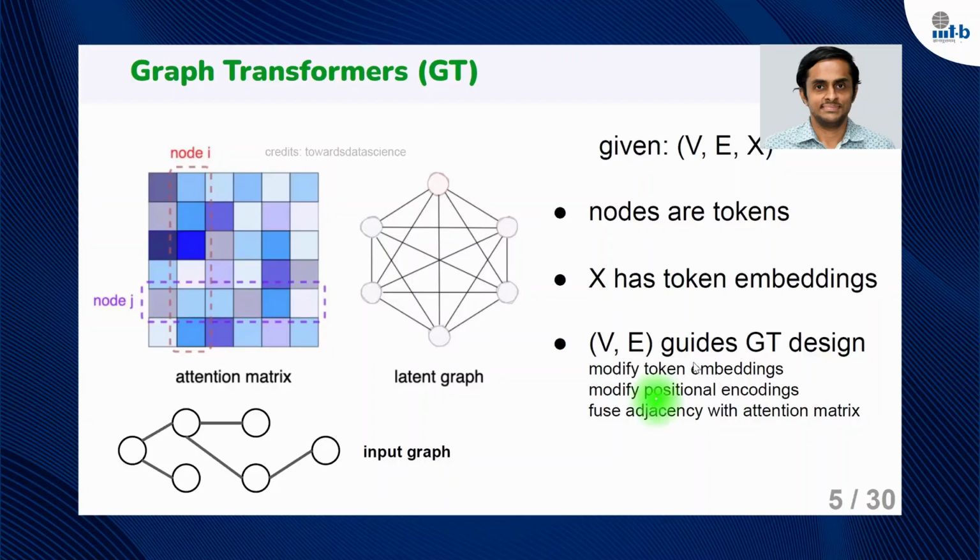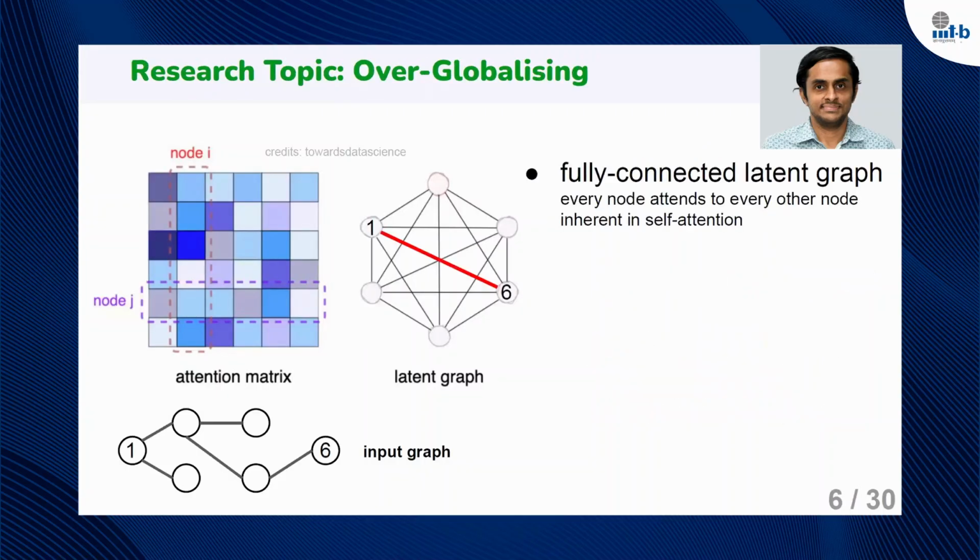For example, we can modify token embeddings using the graph structure, modify positional encodings, or maybe fuse the adjacency matrix with the attention matrix. There are different ideas for how to use the input graph structure in a transformer.